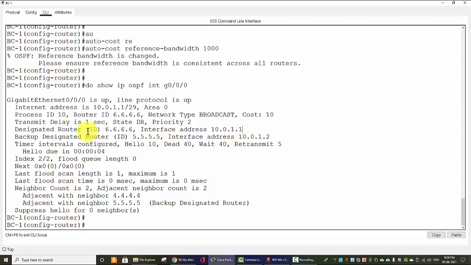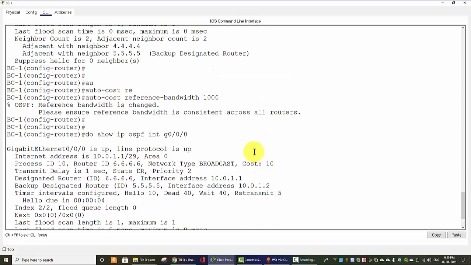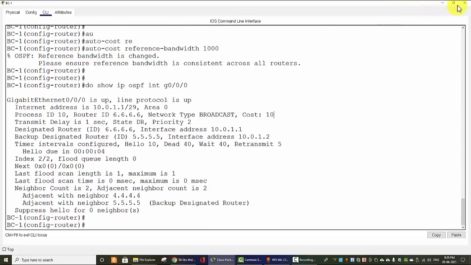I think there's something wrong in Packet Tracer when calculating the cost of gigabit Ethernet. When we set the reference bandwidth at 1,000 megabits per second, divided by 1 gigabit, which is 1,000 megabits, we should get a cost of 1, not 10. I think there's something wrong here.